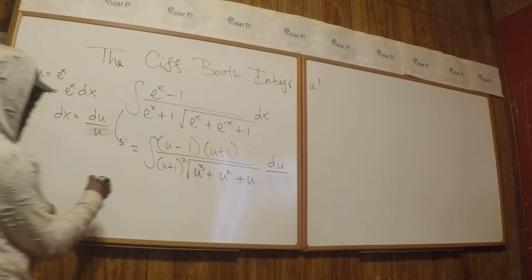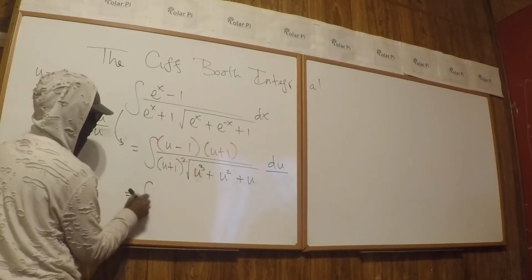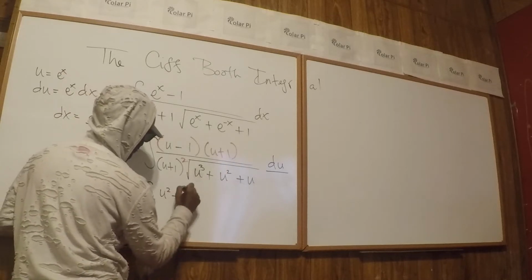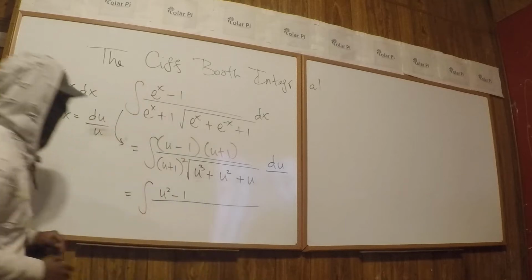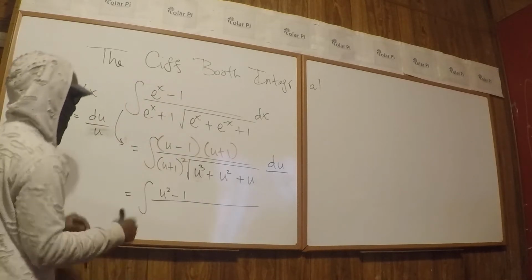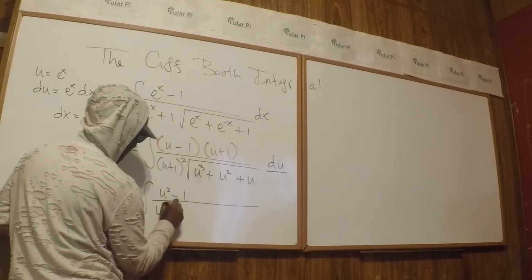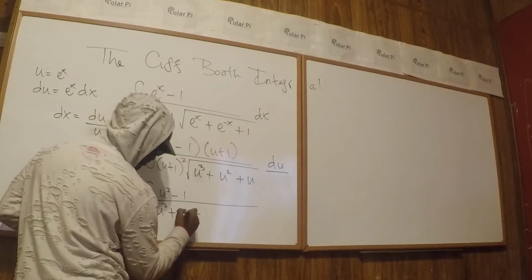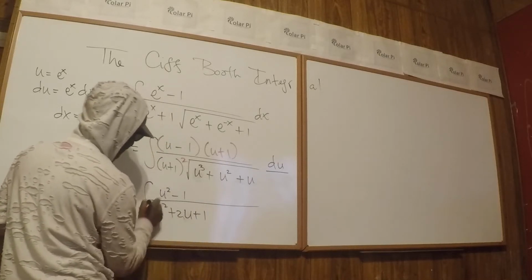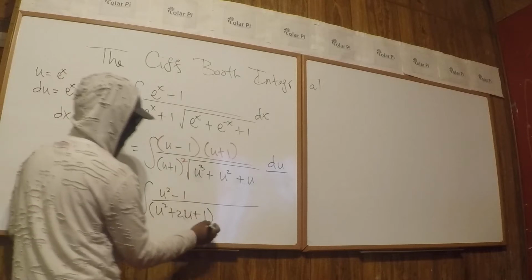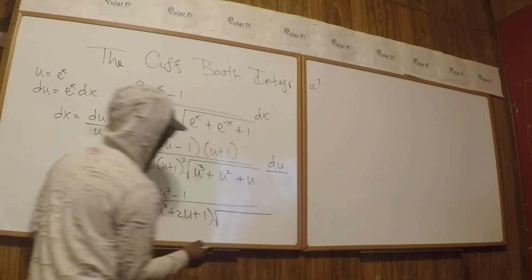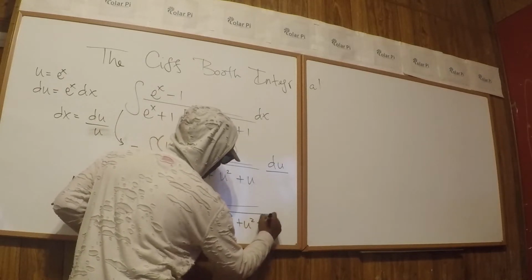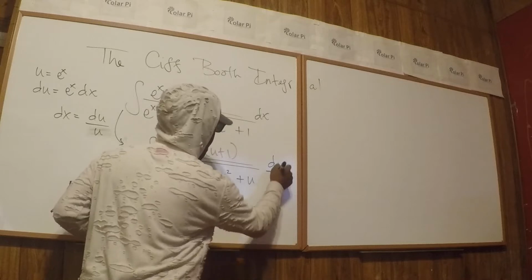So then next, you see that this, using difference of squares, is u squared minus 1, over, and then here u plus 1 quantity squared, using the binomial square, is u squared plus 2u plus 1, right? And then we've got the square root of u cubed plus u squared plus u, and of course du, right?